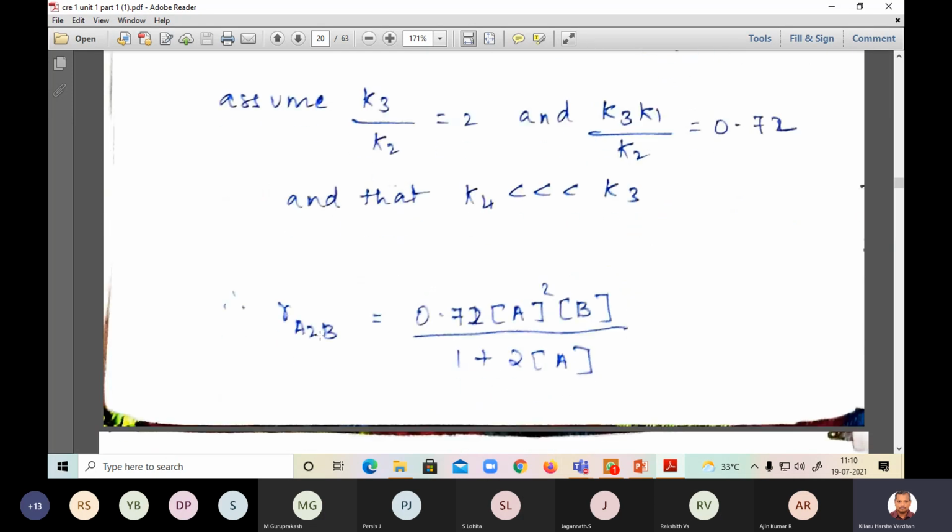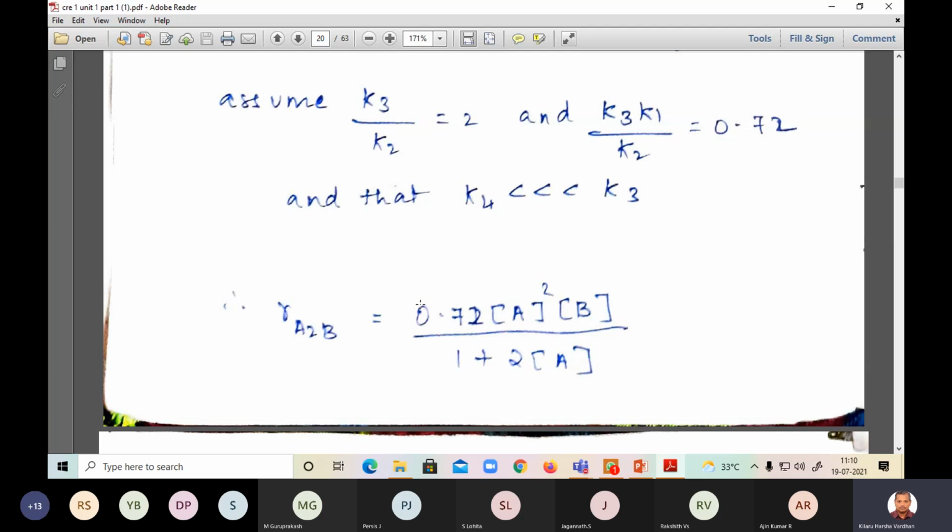So you get this final form, which is required. Since the observed rate is equal to the given rate, we can say our mechanism is correct. This is how you have to search for the mechanism or the rate expression for non-elementary reactions.